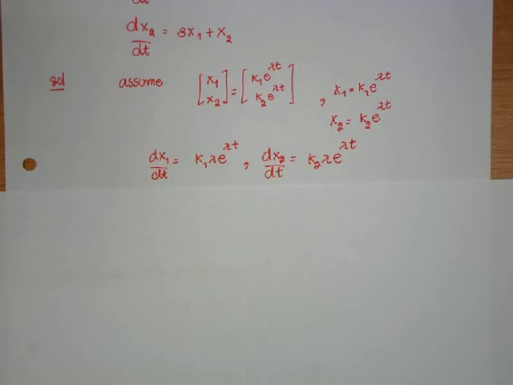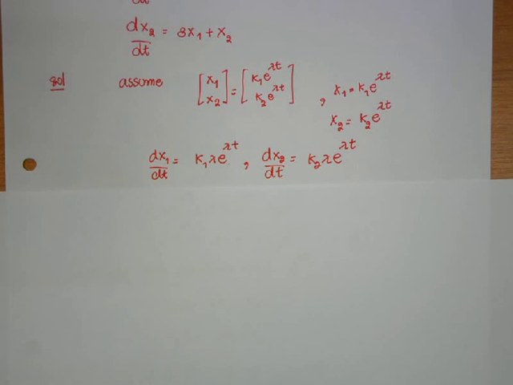As we assume that x1 is equal to k1 times exponential of lambda t, the first derivative of x1 by t is equal to k1 times lambda times exponential of lambda t. And for x2, we assume that x2 is equal to k2 times exponential of lambda t, so the first derivative of x2 by t is equal to k2 lambda times exponential of lambda t.